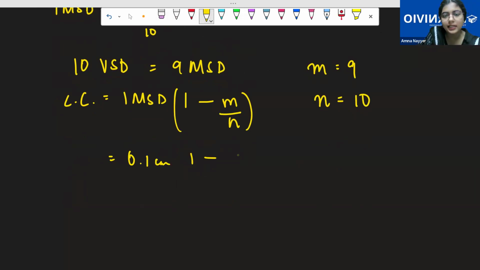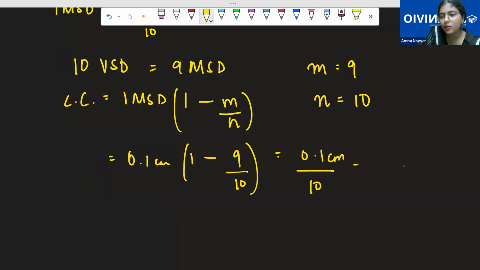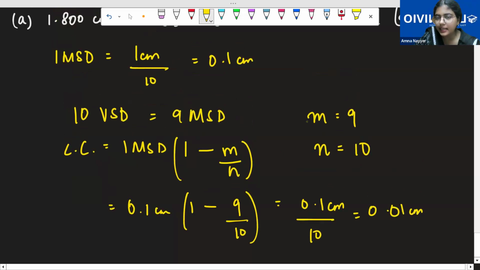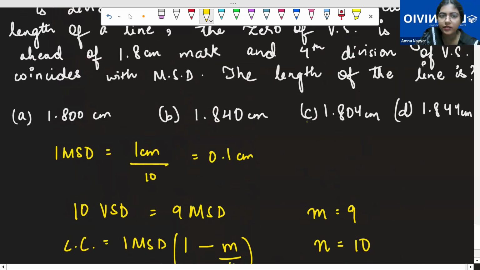So this is 1 minus 9 by 10, which is again 0.1 centimeter by 10, equal to 0.01 centimeter. See, coincidentally, it is coming exactly the same, but you have to solve it first and check.